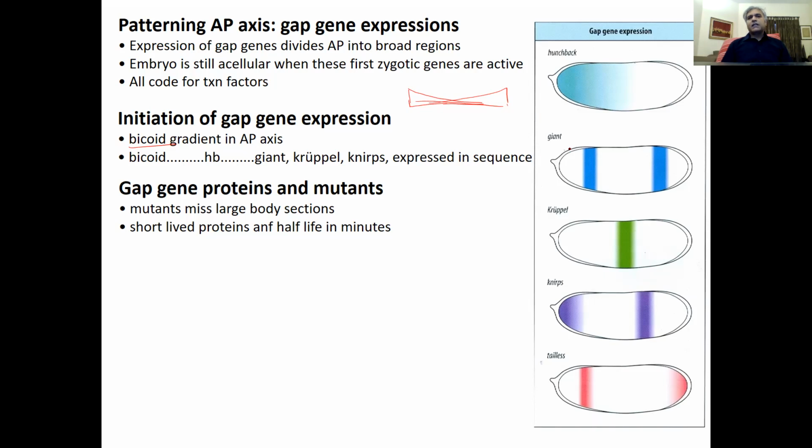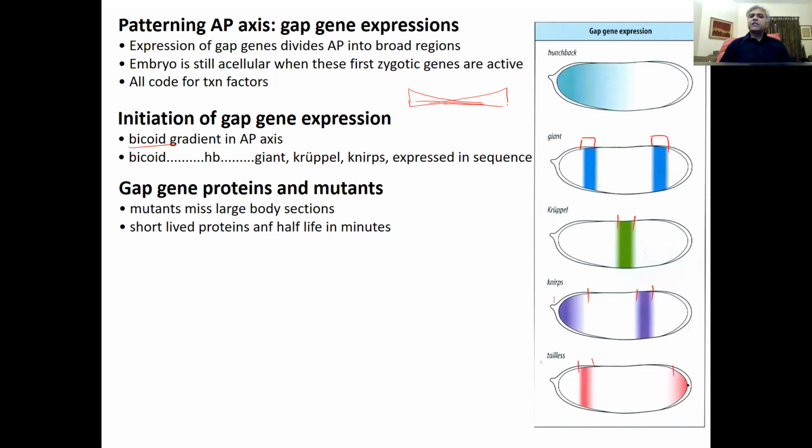Some of the examples are given here. For example, giant is a gap gene which is expressed in a very discrete region. So in contrast to the maternal effect genes, they don't have gradients. Krüppel has a very discrete region, knirps has a discrete region, and then tailless.